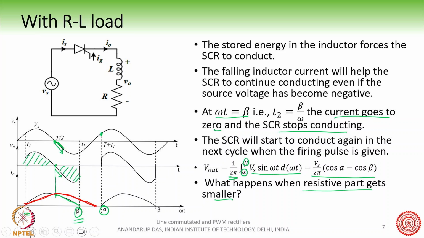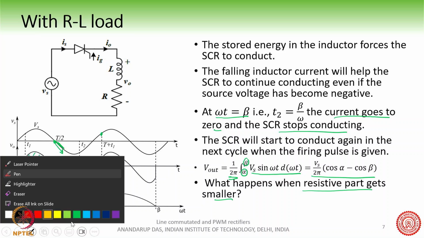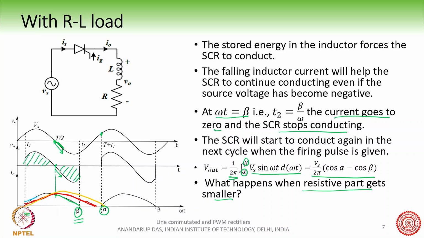Subsequently it may also happen that alpha is here and beta is here, before the next alpha starts again, right? And so at some point the current will start before it reaches 0. For some angle, you can see the blue waveform here, the current is no longer coming to 0 and it again starts like this.